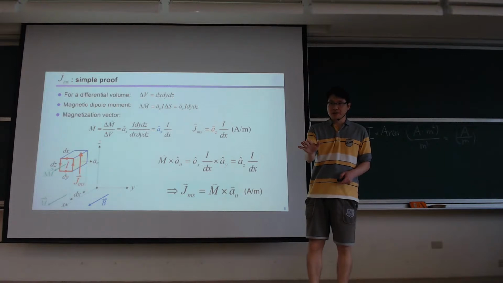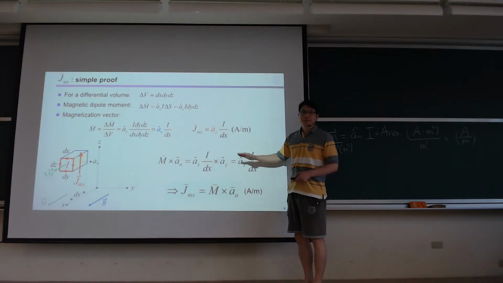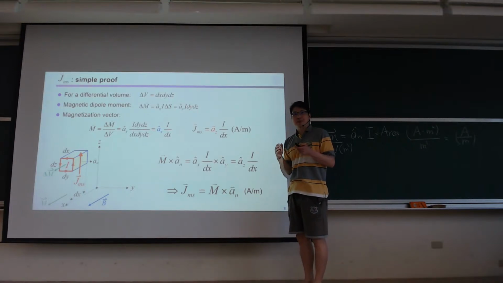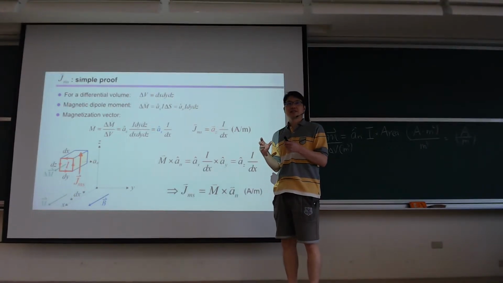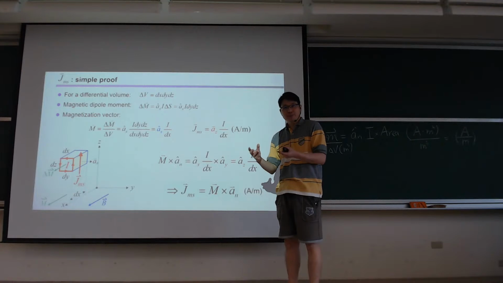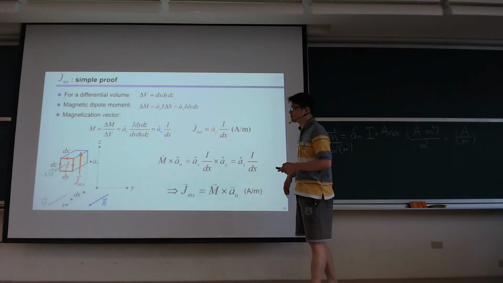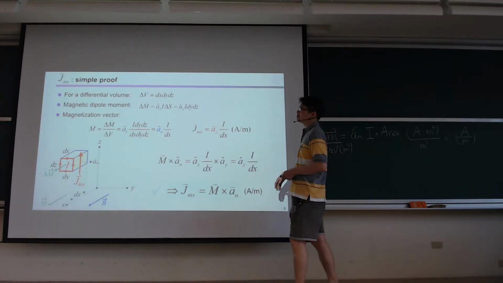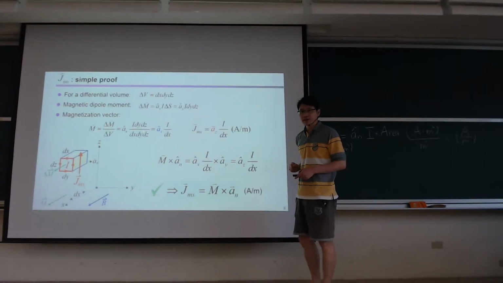Okay, questions up to now? No? All right. So that is a very simple proof. It's not a rigorous mathematical proof, but it is drawing out some volume, and you have a non-zero magnetization vector, and you can do the confirmation. So we have checked. This is valid.